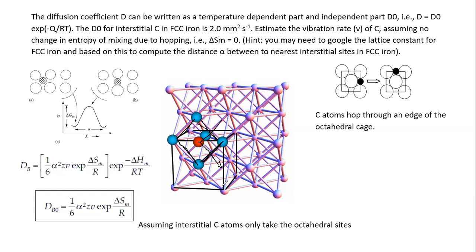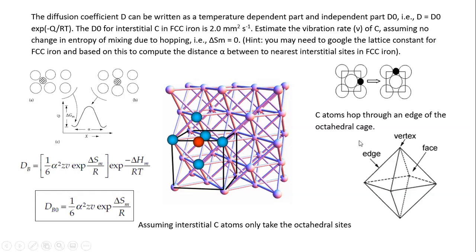Octahedral means this atom is in an octahedral cage. If I want to hop into a neighbor's site, the only way I can escape from the cage is through these edges. Every edge of this system is equivalent.